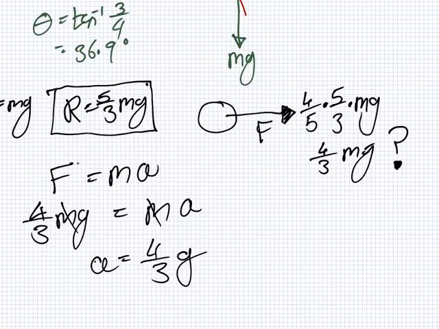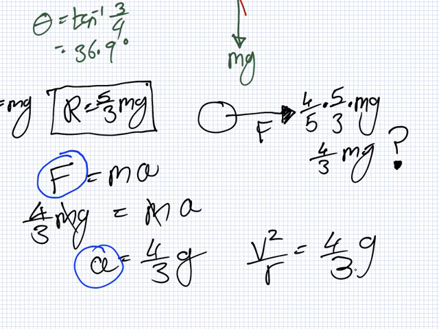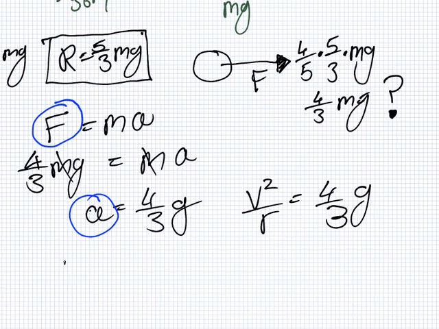If this is the centripetal force, this one is the centripetal acceleration. Do we have a formula for that? We do. v squared over r. So now we get v squared over r equals 4 over 3 g. Now, what is the r?